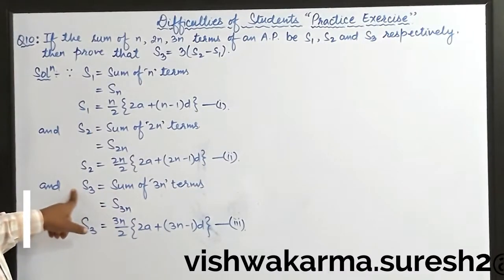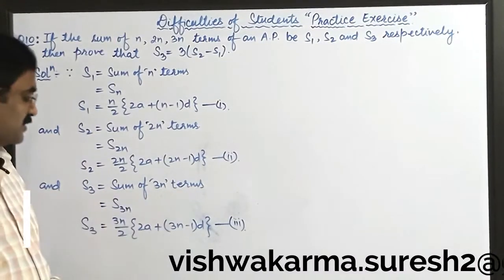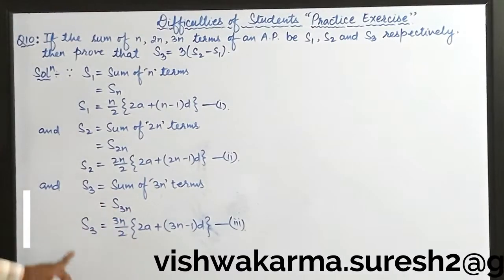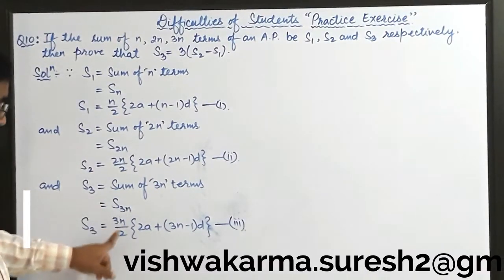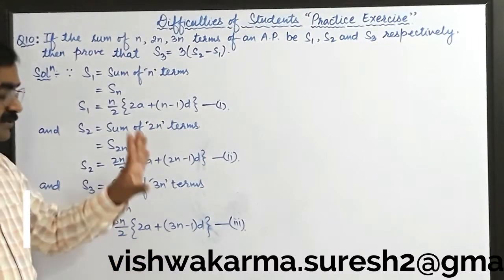And the last, S3 is the sum of 3n terms, which is S3n, and this S3 is 3n upon 2 into 2a plus 3n minus 1 into d.